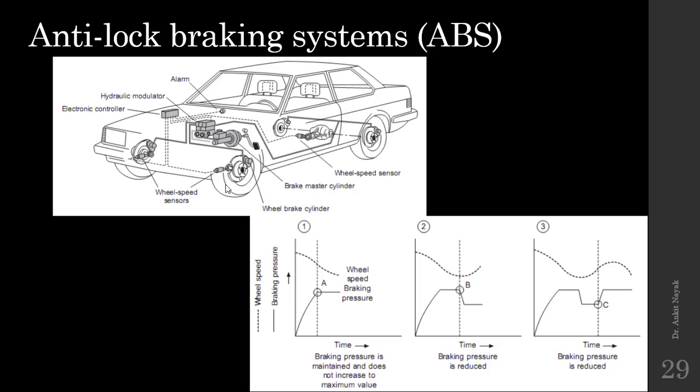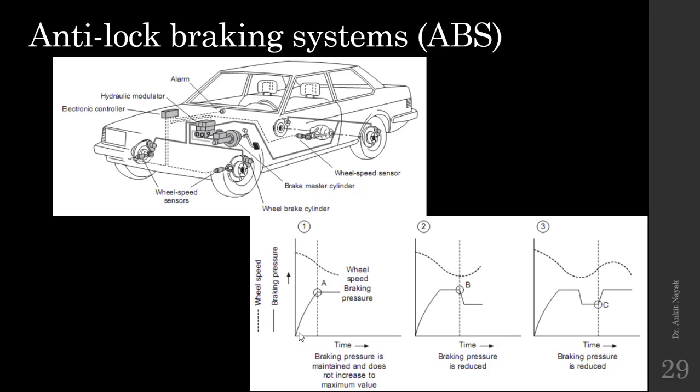It will not suddenly jam the wheel, but it will apply the brake pressure in the form of different pulses, so that the wheel continues its rolling motion in pulses instead of instantaneous locking. This process helps to control, or maneuver, the vehicle over the path.